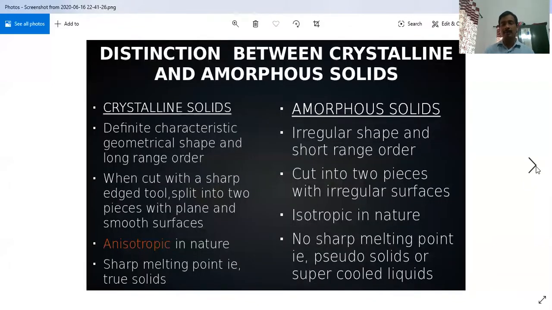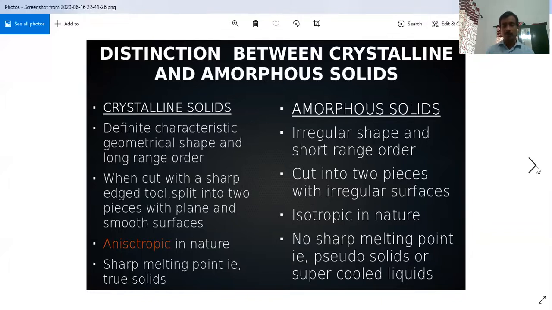Other characteristics are very easy to remember and it may be clear to you. Long range order for crystalline solids. Then sharp edge when it is cut with a knife, or clear cut. Crystalline solids are anisotropic in nature. Crystalline solids have sharp melting points.